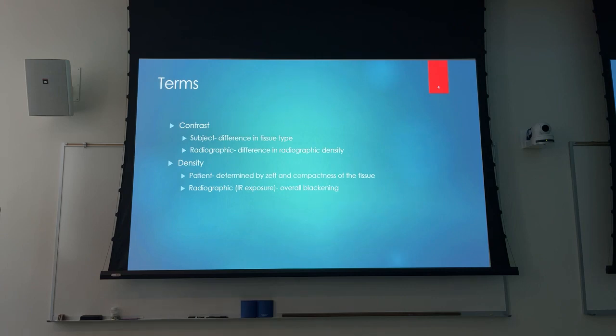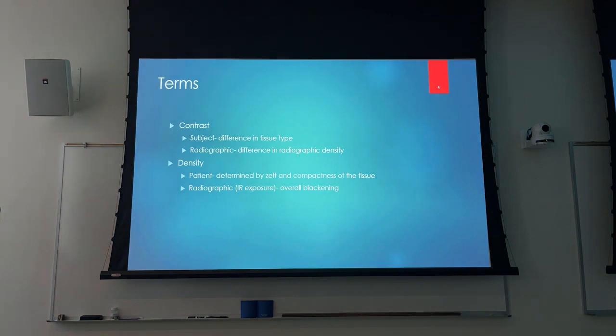So contrast and density, we talked about those. We talked about subject contrast and radiographic contrast, how we have to have subject contrast to give us radiographic contrast. And contrast just means difference. So different tissue types give us different differential absorption, which gives us a different appearance in those tissue types on our image receptor, and that is radiographic contrast. And density in the patient is the compactness, the hardness, or the atomic number, really the Zeff, the effective atomic number of the tissue types.